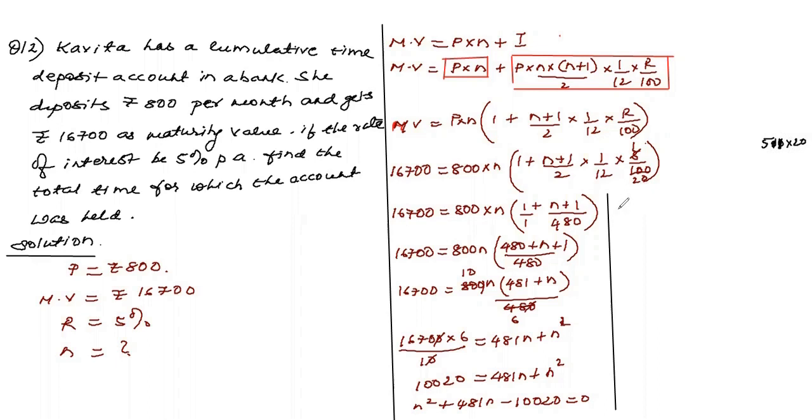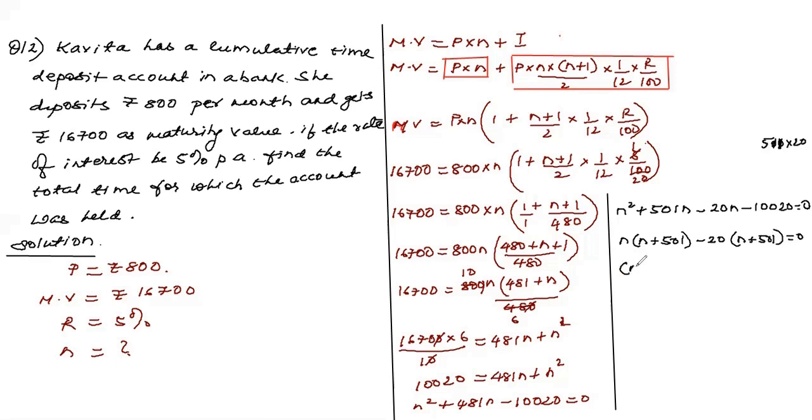So what will happen, children? This n squared plus 501n minus 20n minus 10,020 equals 0. So n into n plus 501 minus 20 into n plus 501 equals 0.